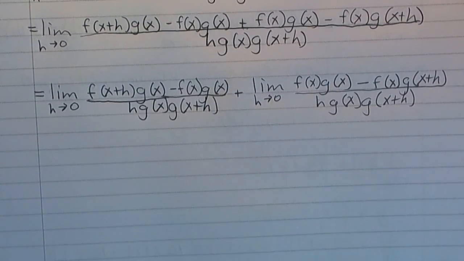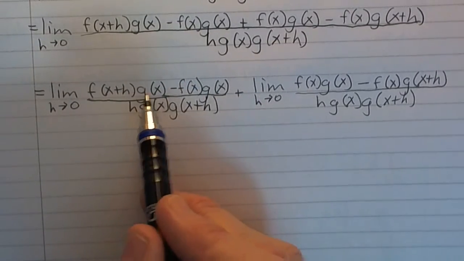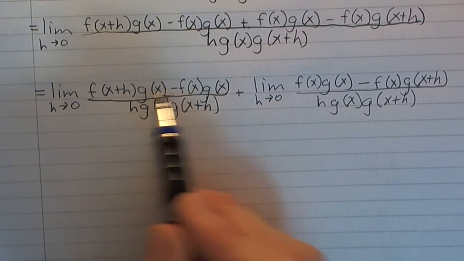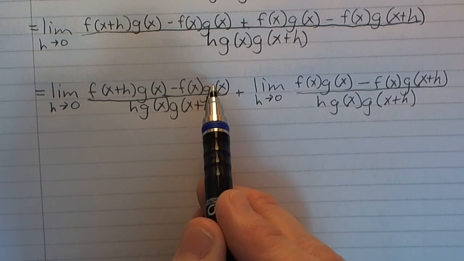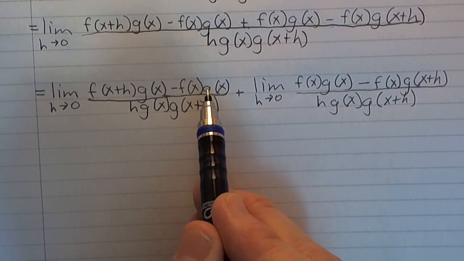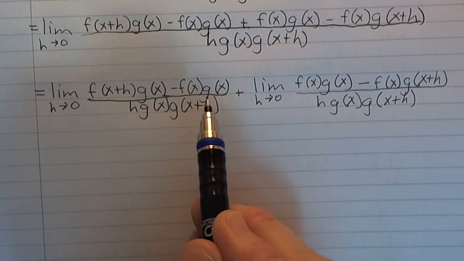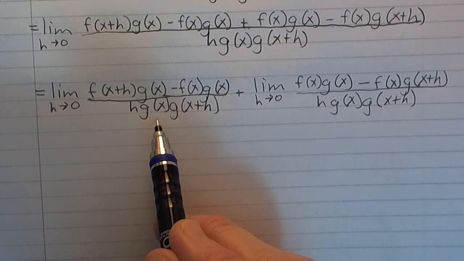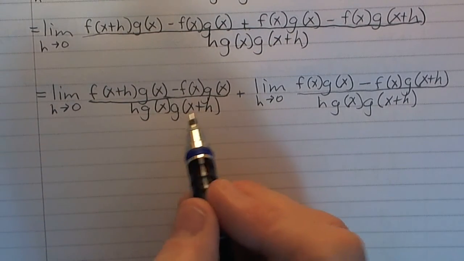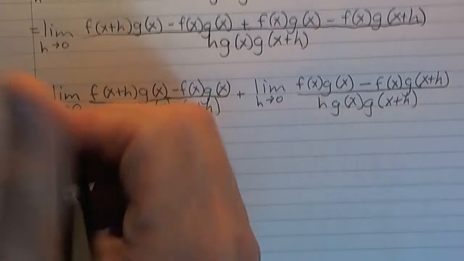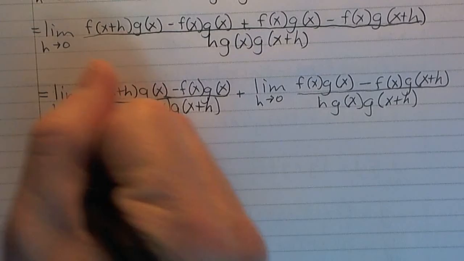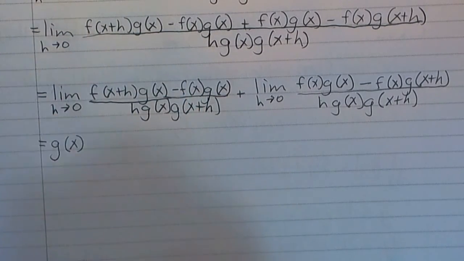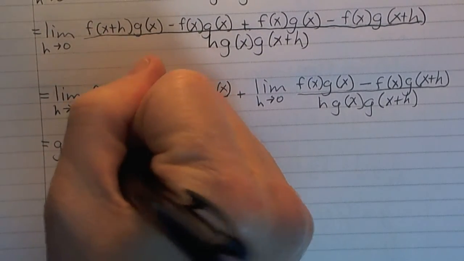Now I want to take a look here. Notice this g of x has no h with it. I think I'm just going to factor out the g of x. Since it doesn't have any h with it, I'm not going to put the limit as h goes to 0 on it.